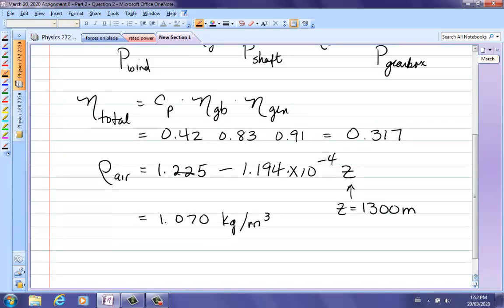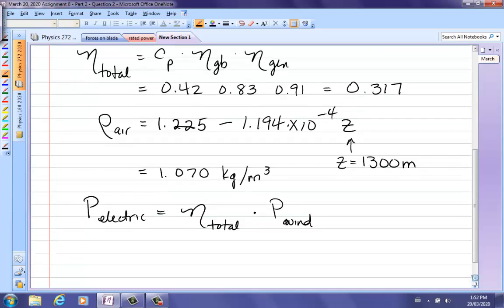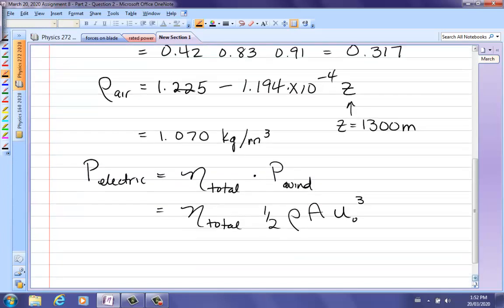Okay, so now all we have to do is calculate the electrical power. So P electric, the final stage of the process, would be the total efficiency times P0, the power in the wind. So that's eta total times 1/2 rho A U0 cubed, where A is the area swept by the rotors.